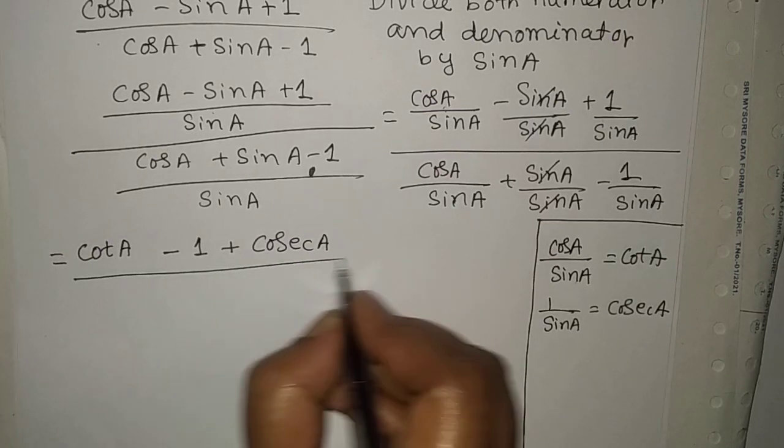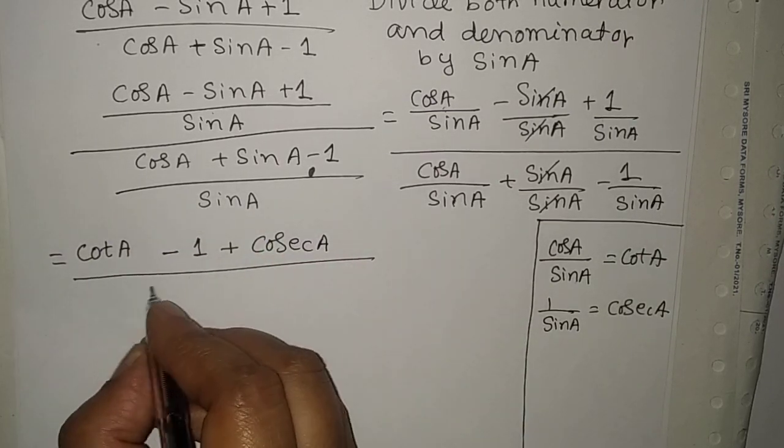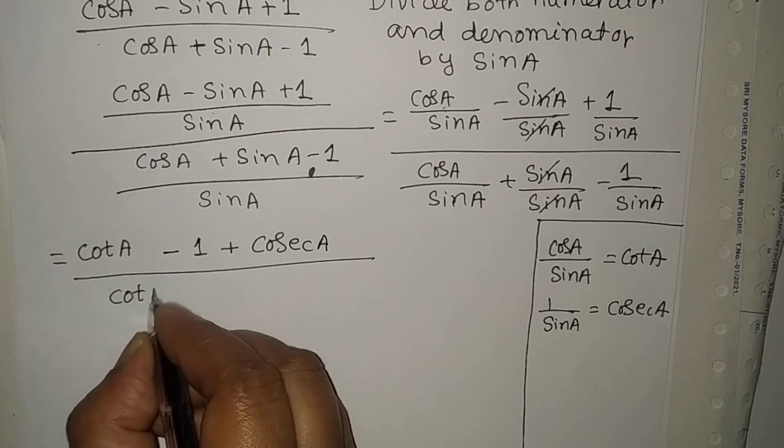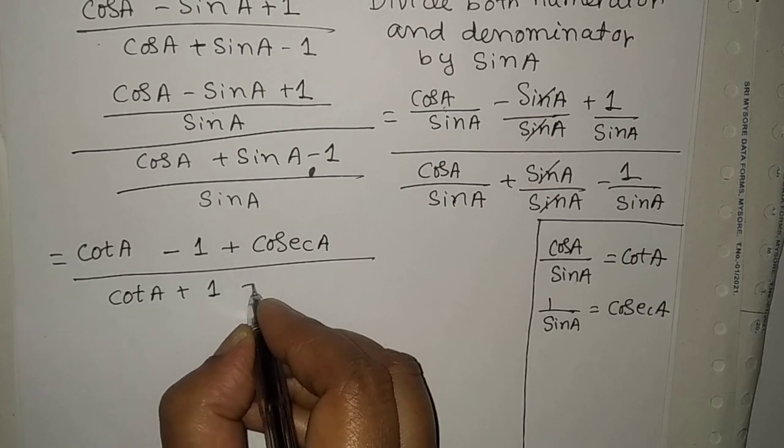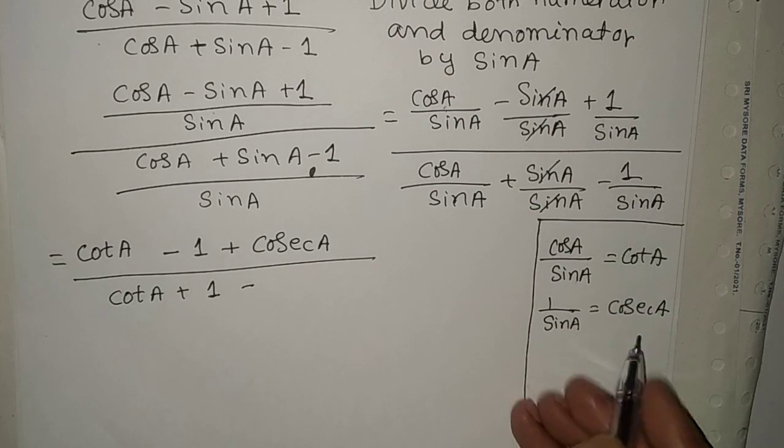Now in the denominator, cos A by sin A is cot A, plus 1, minus 1 by sin A, again cosecant A.